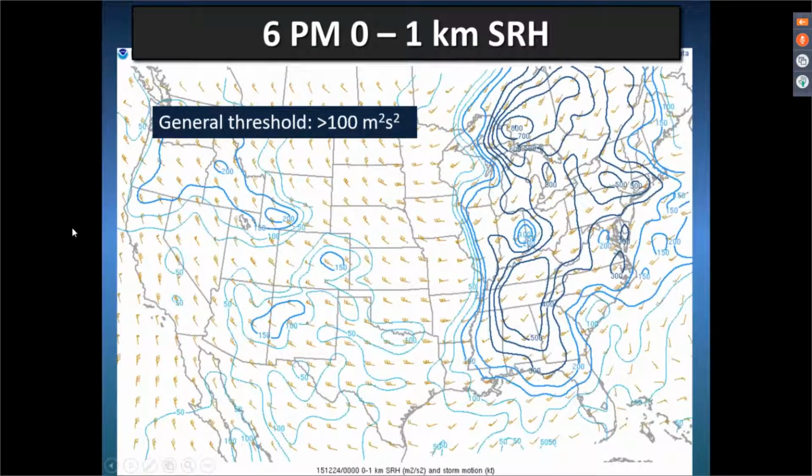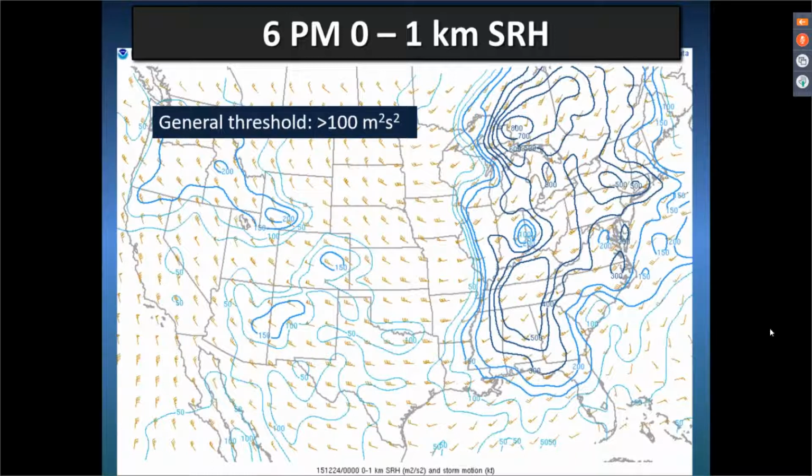But by that evening, let's look at what the 0 to 1 kilometer SRH is showing. Now we've gone from 200 to 300 to way over 500 0 to 1 kilometer SRH across all of Middle Tennessee up into southern Kentucky and northern Alabama. Generally you want to look for around 100 to 200 for potential for severe storms, and we've more than doubled that.